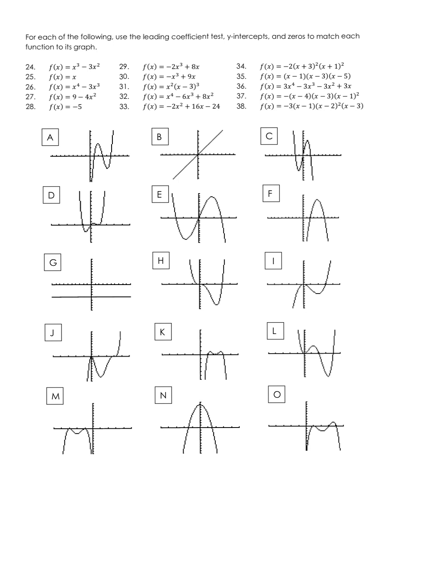Because you could solve every one of these and find lots of information, but they recommend, right, using like your leading coefficient test. So this is end behavior, your y-intercepts and zeros to match each function to its graph, right?